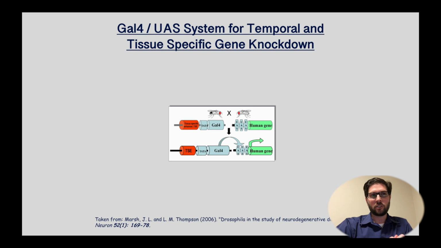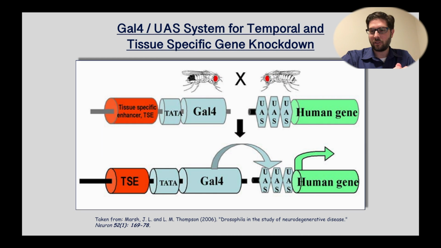So the GAL4/UAS system is an extraordinarily common genetic technique which is utilized by a number of Drosophila researchers to study human disease. And this allows you to temporarily knock down a gene of interest in a specific tissue of interest. So you can control both time and the tissue where you want to either express or knock down this gene.